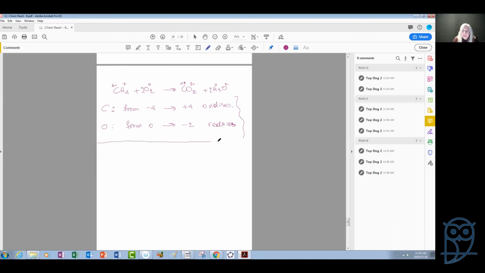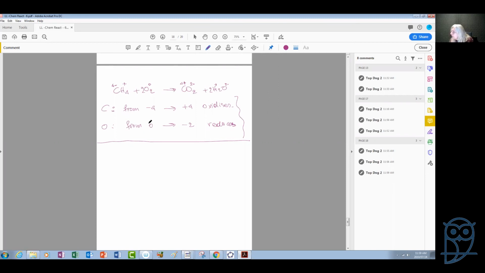So there we saw another case. Listen, this was difficult, but I just wanted you to see that this is also an oxidation reduction reaction in terms of the new way of looking at redox reactions, okay?